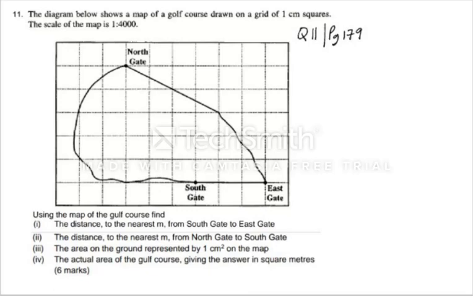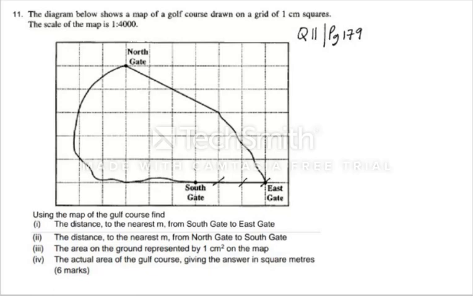All right, so I want to find out what is the distance from South Gate, here, to East Gate, which is here. From the map we can see that the distance between the two is 1 centimeter, 2 centimeters, 3 centimeters.